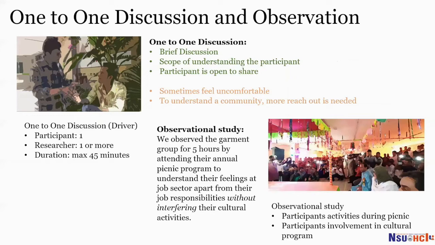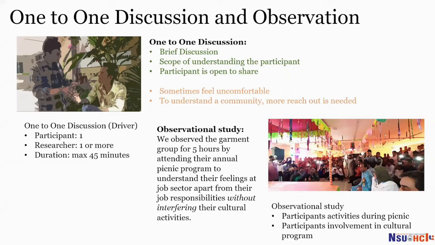Next is one-on-one discussion and participant observation. One-on-one discussion is a discussion with a single user, and all other things are the same. But in this case we go in depth with the participant, and we have scope to understand the participant for a long time.